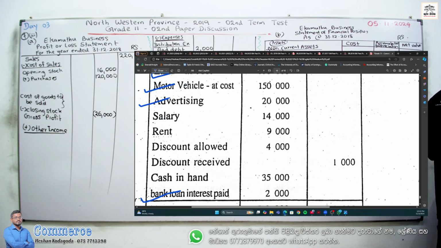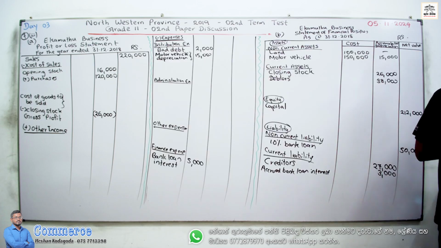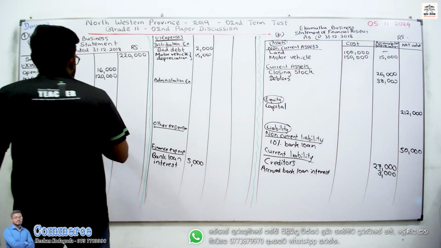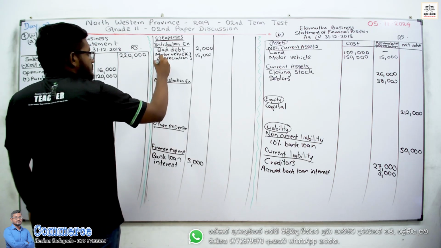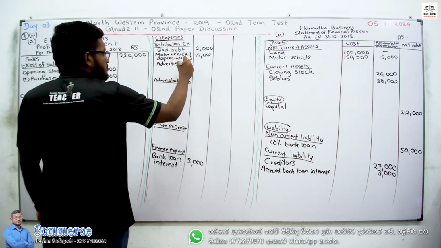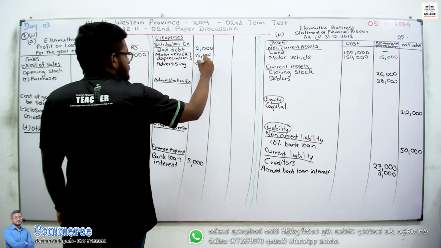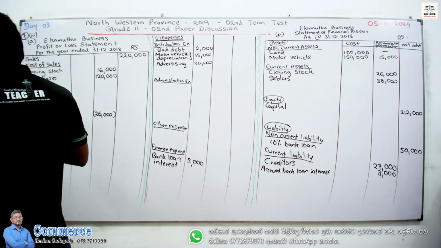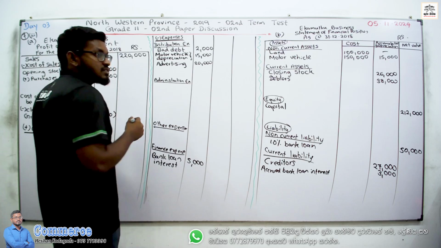Advertising is distribution expense, salary administration, rent administration. Write in the relevant place. Advertising 20,000.